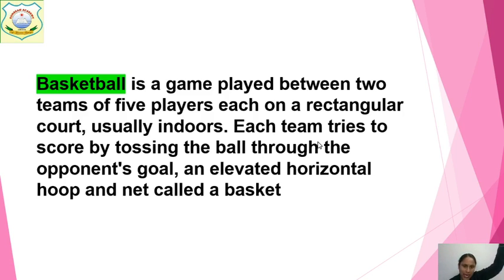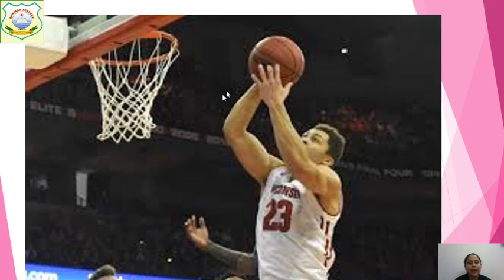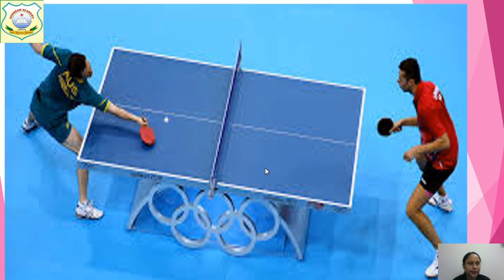That means बहुत ऊंचाई पे एक basket लगी होती है. There are two teams with many players. They have to snatch the ball and then throw that ball through the net. So this is the sport of basketball, and it is usually played inside a court.